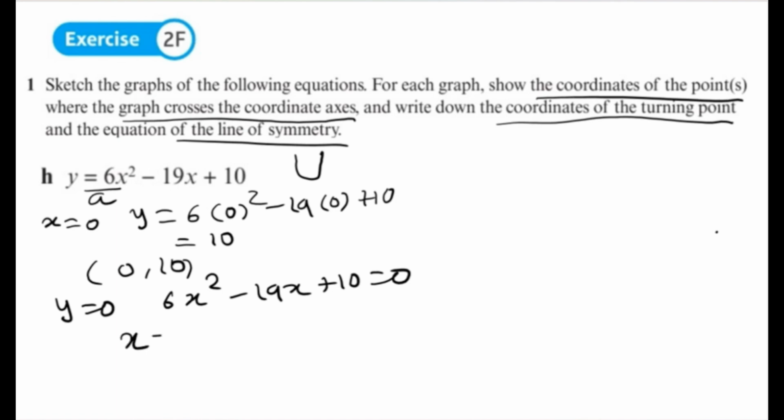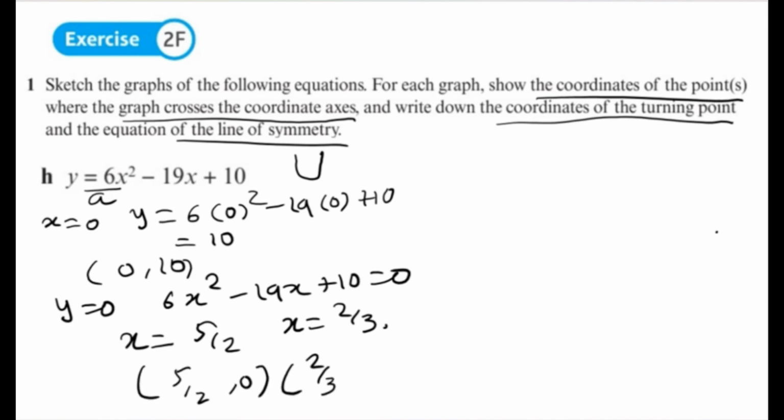But the quadratic formula is better. We learned in the last video how to solve this using the quadratic formula. So x is equal to 5 over 2 and x is 2 over 3. So the coordinates I am getting are (5/2, 0) and (2/3, 0). So we are getting these two pieces of information.